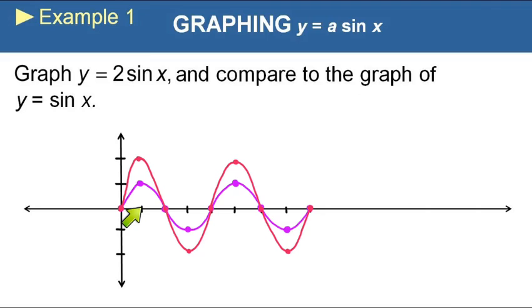Remember, it's the distance from the middle to the top. And the amplitude of the 2 sine x graph is 2, because that's the distance from the middle to the top. It's 2. So amplitude is always the positive version of this number here, and the only thing it changes is the swing, or the height of the graph.